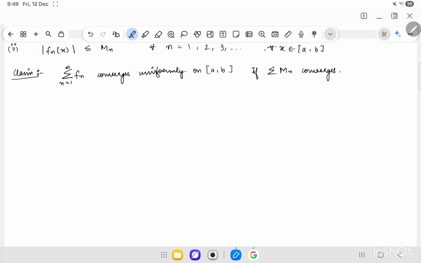So what we are supposed to show is that if the convergence of the summation of Mn is given to us, then the summation of fn from n equals 1 to infinity converges uniformly on the closed interval [a, b]. So let us assume that the summation of Mn is convergent.